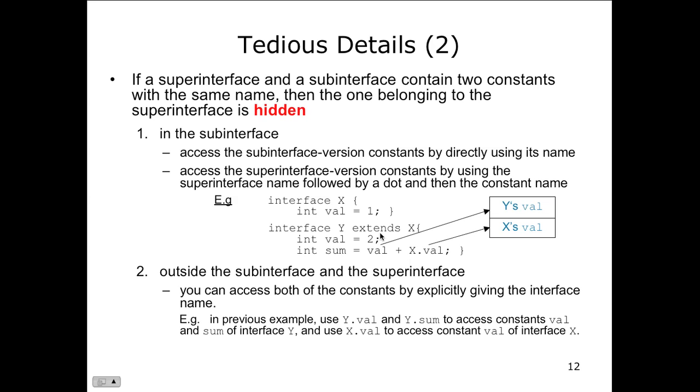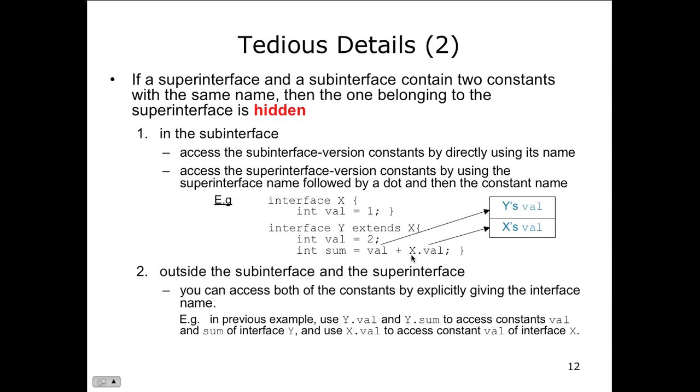So in the sub interface, you access the sub interface's version of the constants by directly using its name, and you access the super interface version of the constants by using the super interface name followed by a dot. So here, x.value.